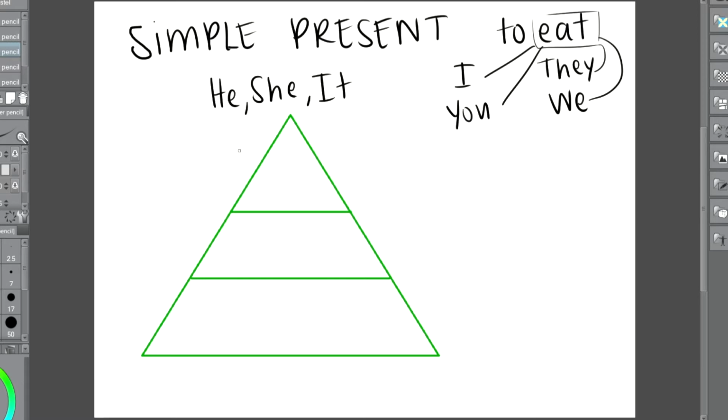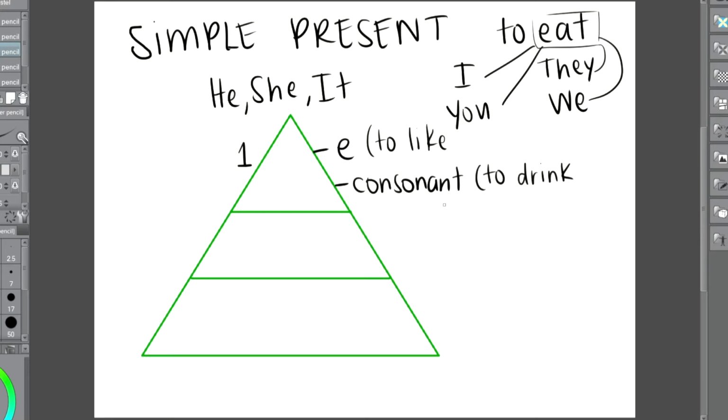Okay, so let's start with rule number 1. If you remember, rule number 1 is for any verb that ends with the letter E, or if it ends with a consonant. An example of a verb that ends with the letter E would be the verb to like. And for a verb that ends with a consonant, let's use the verb to drink.